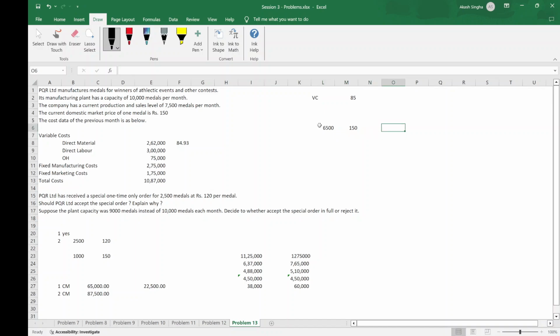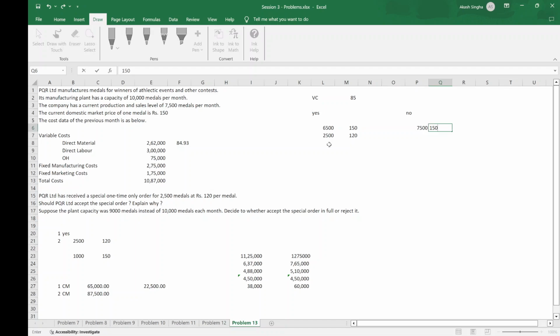And 2500 at 120, right? This is option one. If we don't take it, we will just sell 7500 at 150.